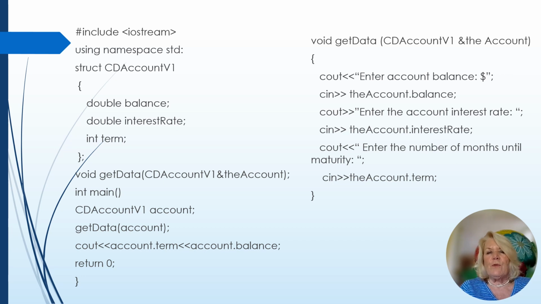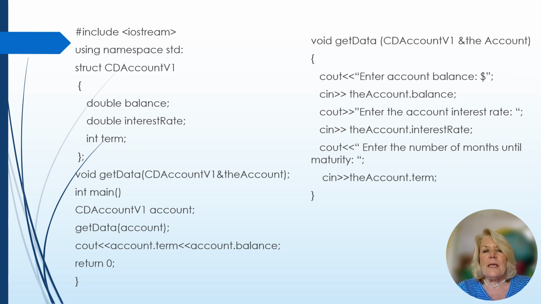Okay, and then remember, function prototypes have a semicolon at the end of them. And let's skip over to the right-hand side, and this is the definition of the getData function. So notice that the first line, which is the header in the function definition, is the same thing as what you have in the function prototype.